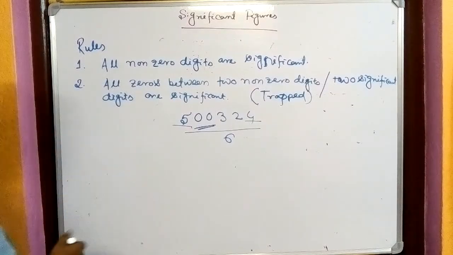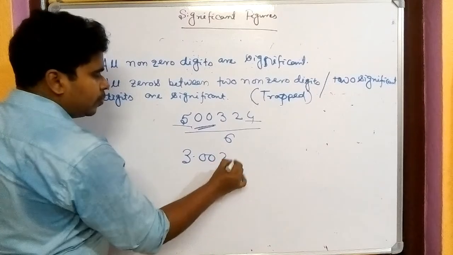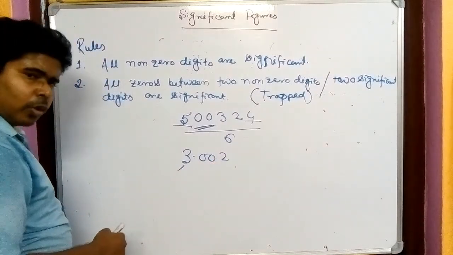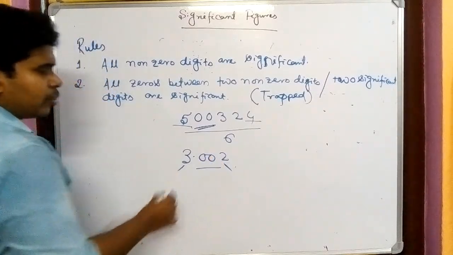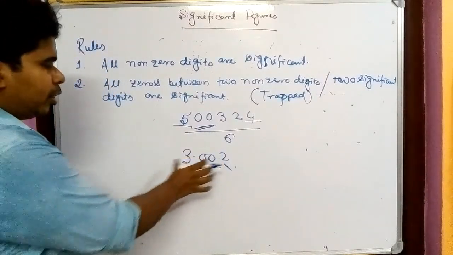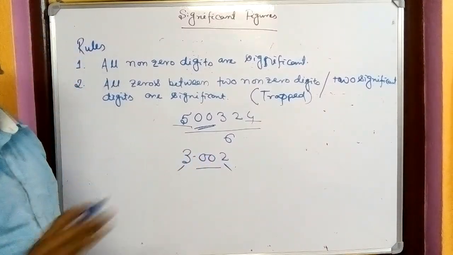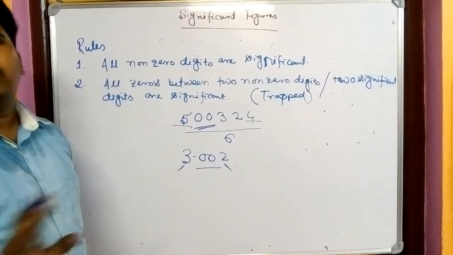If I am taking a decimal, assume 3.002. Here 3 is non-zero, 2 is non-zero, and these two zeros are trapped in between these two non-zero digits. Whether there is a decimal or not, we are not interested in that.